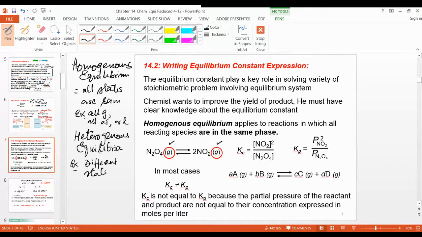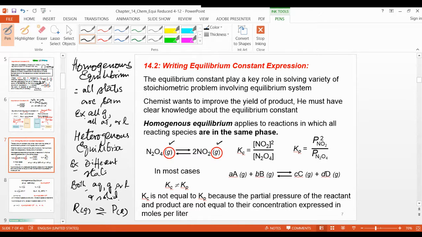But in heterogeneous, you have aqueous or gas or liquid or solid, all present in an equation. Sometimes the reactant is a gas and the product may be liquid. So different states being formed is known as heterogeneous equilibria. The same state is known as homogeneous equilibria.